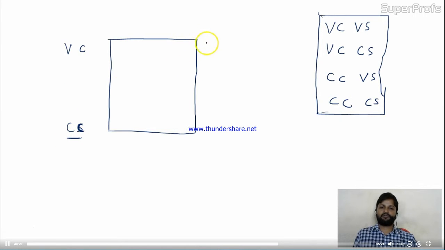At the output also we have only two conditions: it may be a voltage source or a current source. No other condition exists over here. Now we have seen, if at the input stage you have voltage control, R in will be infinity. If at the input stage you have current, R in should be 0.